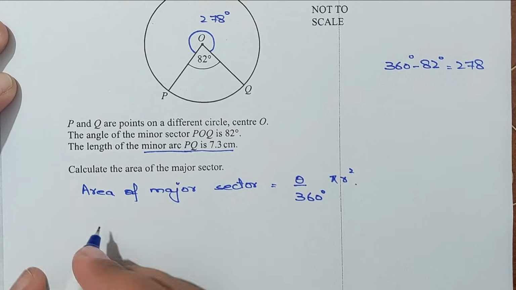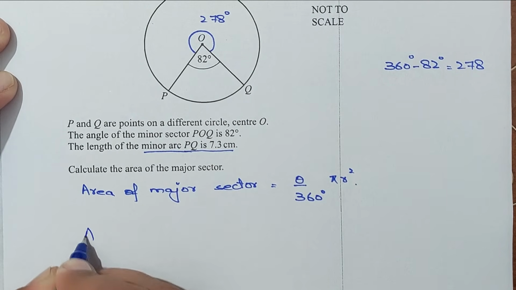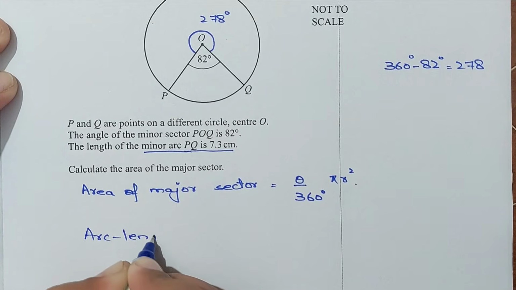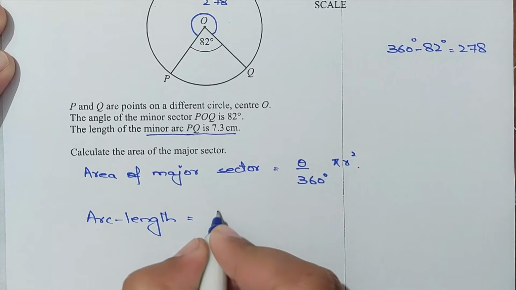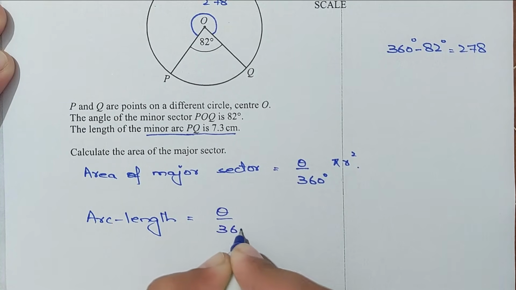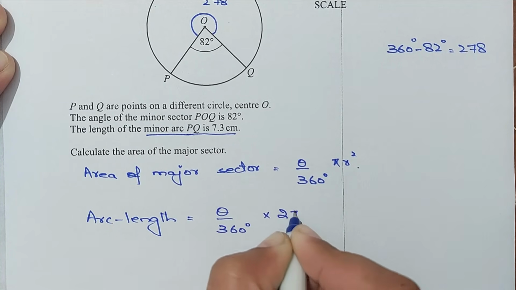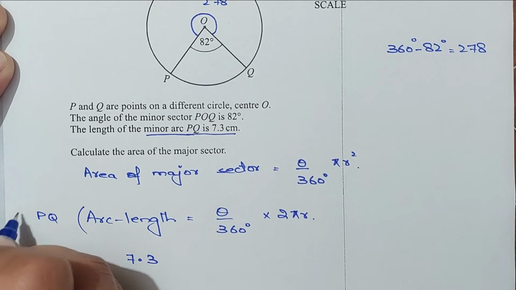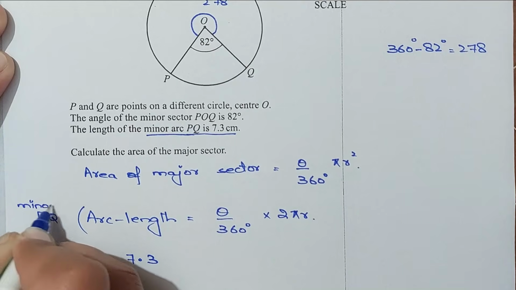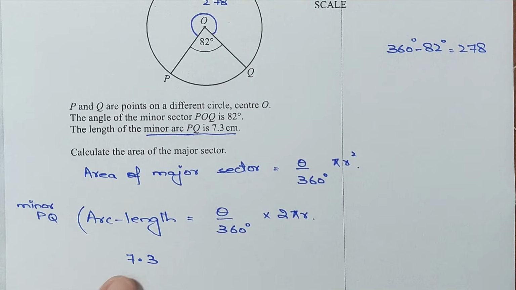We have been given the information about the arc length. The arc length formula is theta over 360 degrees times 2 pi r. The arc length is 7.3. This is for PQ, the minor arc. We're working with the minor arc, right? Theta is 82, over 360, times 2 pi r.